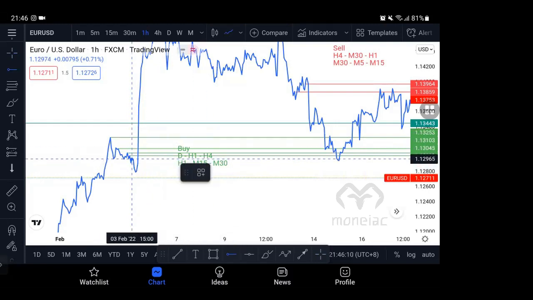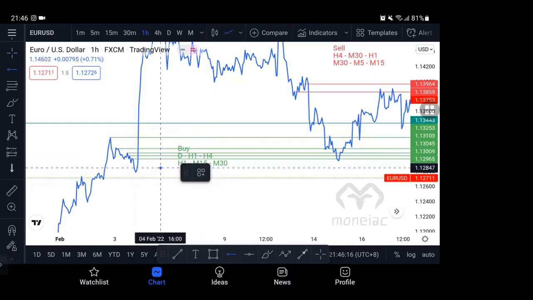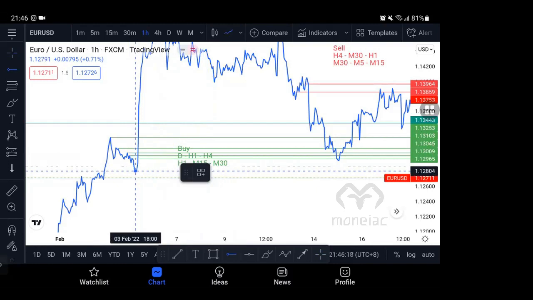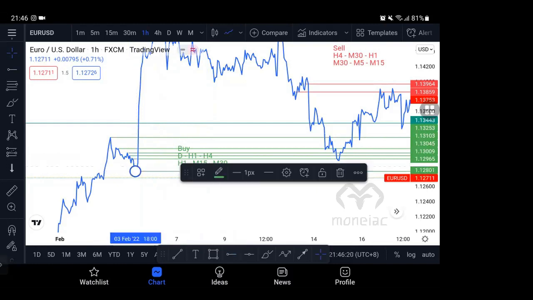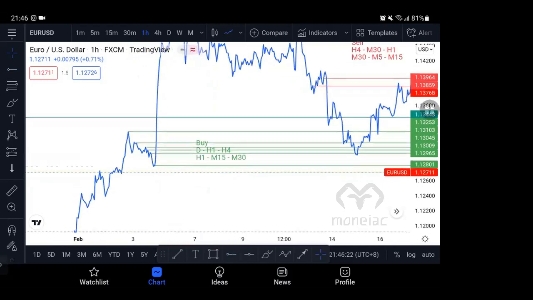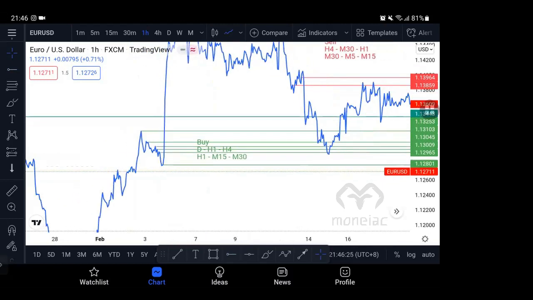And of course, the price will be respecting the most recent. So just mark everything and then we just monitor the price.